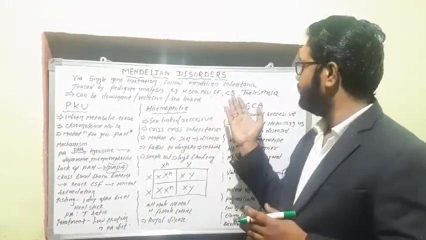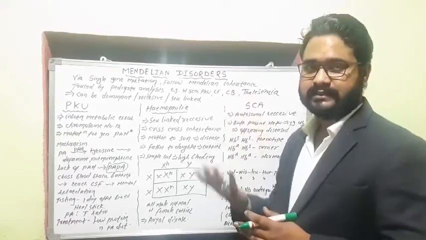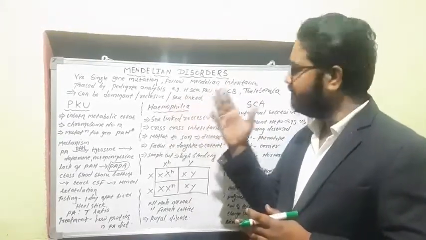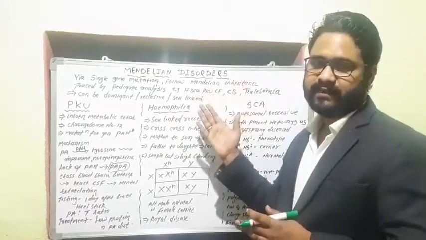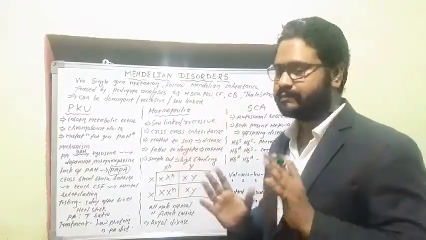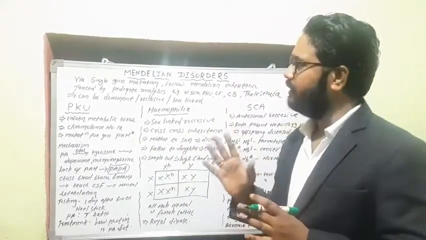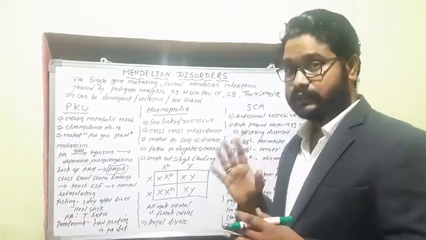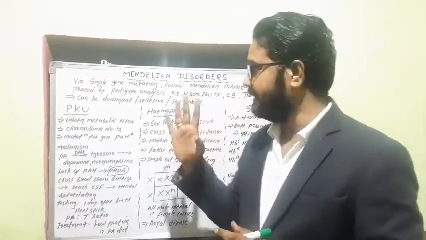Cystic fibrosis, color blindness, thalassemia. So what are the names? Hemophilia, sickle cell anemia, phenylketonuria, cystic fibrosis, color blindness, and thalassemia. Please remember the names correctly. These follow the Mendelian pattern of inheritance, and these are also genetic diseases caused by single gene mutation.